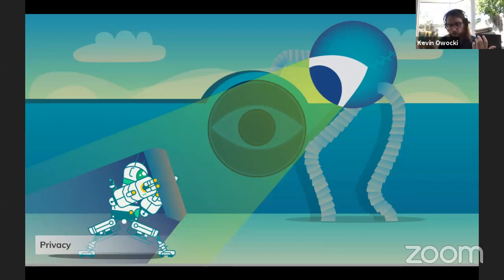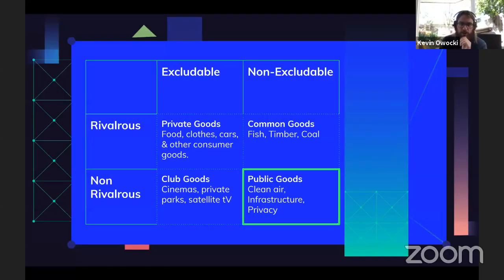One of the causes that my community really cares about is privacy. We want to live in a world in which people can't spy on you, and surveillance capitalism, I think, is a real problem in the view of this community. So we want to build an internet that supports public goods.